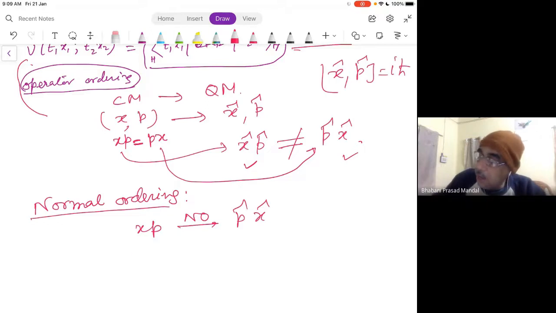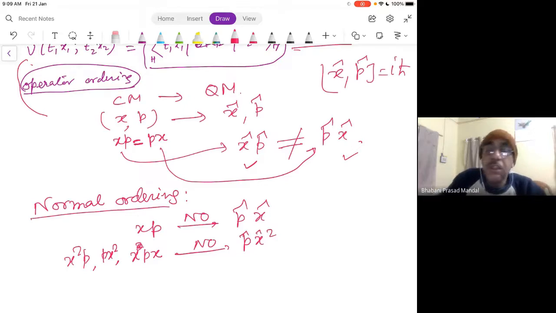For example, if I have an operator x p x, or x square p, or x square p operator, or x p x operator, or p x square operator in classical mechanics, all of these will be normal ordered so that momentum will come first, so p x square.